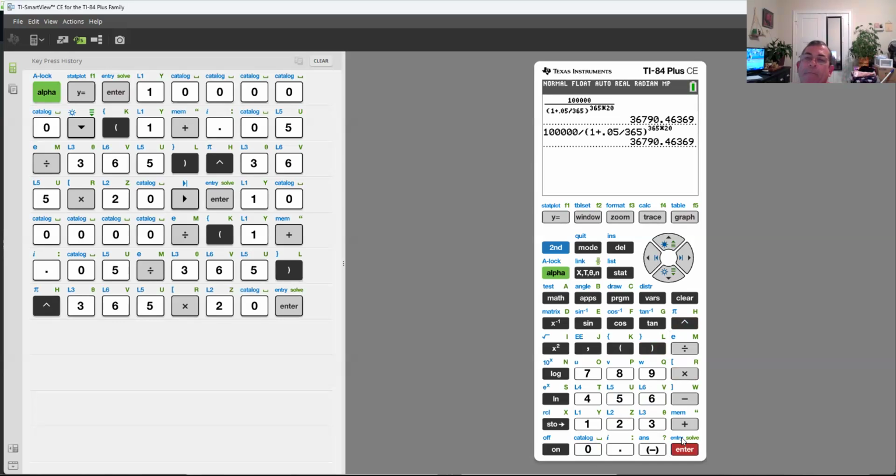So notice though, you definitely got to put those parentheses around the bottoms with that 1 plus 0.05 divided by 365. No matter which way you do it, you got to put them parentheses there, because that exponent that we're multiplying affects everything inside those parentheses, okay?